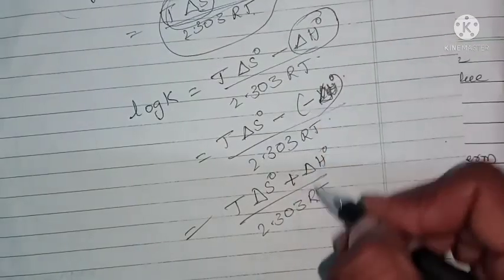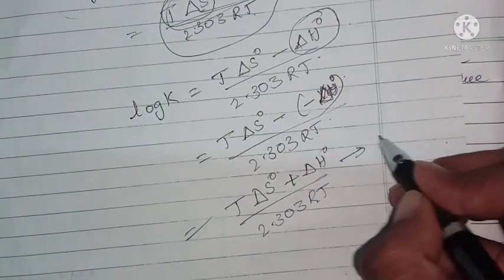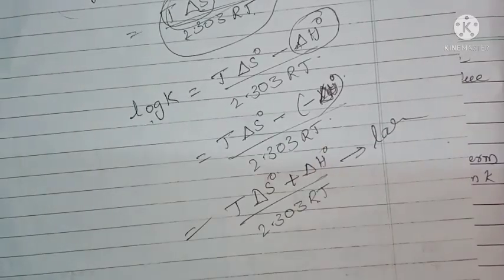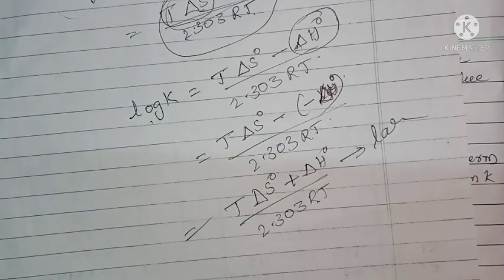Whenever we compare these two values, this value is large compared to the other, so the log K value is large, and at the same time the K value is also large.